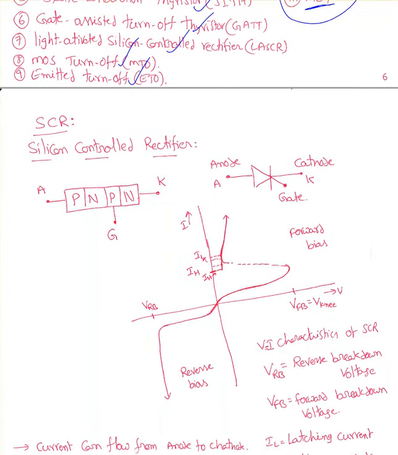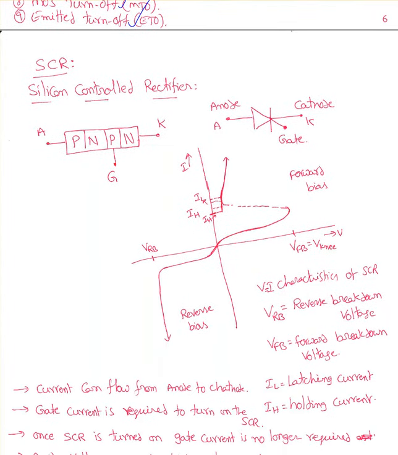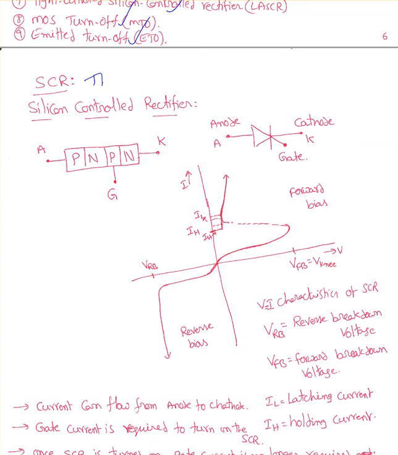Now, I'm going to talk about SCR. In many places they use SCR as a synonym for thyristor because it's really cheap and easy to construct. So whenever you see thyristor, SCR is often the synonym.